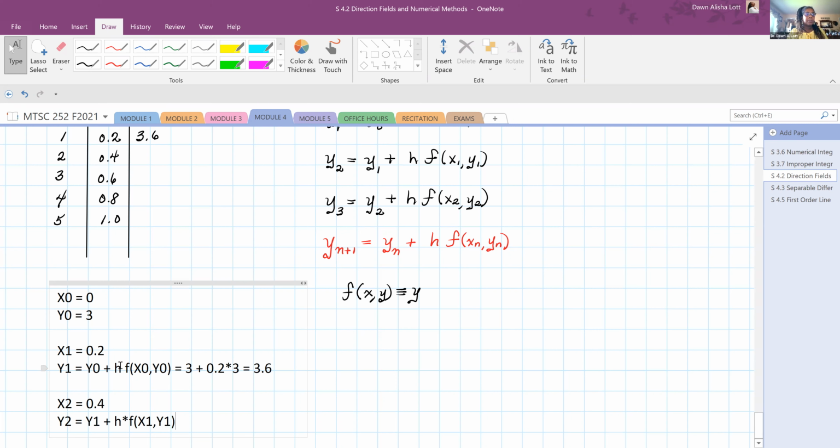I'll go back and put a times in here so you guys can see that. Okay, so now what is y1? Y1 is 3.6 plus h, which is 0.2, times f of x1, y1, but that's just y1, so that's 3.6. So I get 4.32.